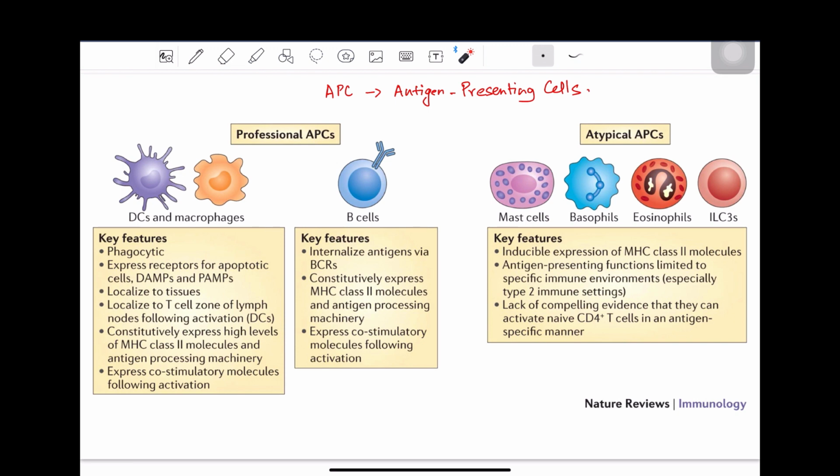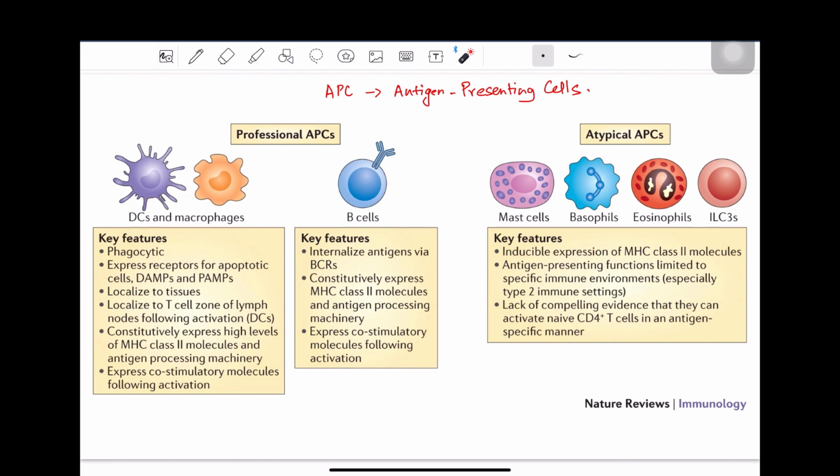These are very crucial for our body because these cells come to the site of infection very quickly, especially the dendritic cells. The dendritic cells are the first responders and they quickly localize to the site of infection. We know that neutrophils are also very important for this function.